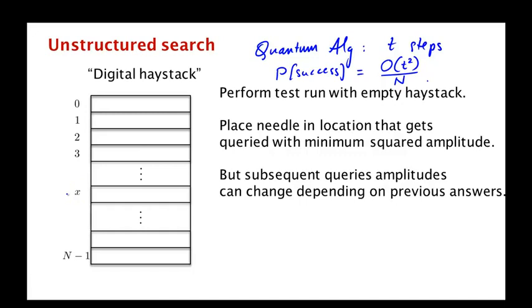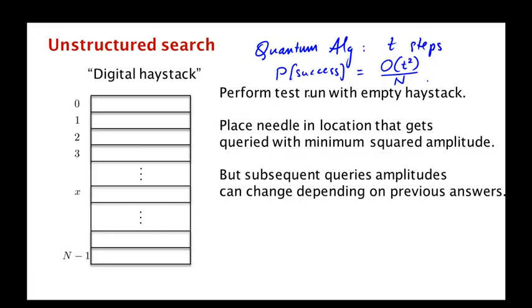And now we'd like to show that if we run our algorithm on this particular table with this particular marked element, then the quantum algorithm is unable to distinguish this from the empty haystack case, except with very small amplitude. So the final state of the algorithm is almost indistinguishable from the case where there was no marked element. Now the difficulty in doing all this is that the subsequent query amplitudes change depending upon previous answers.